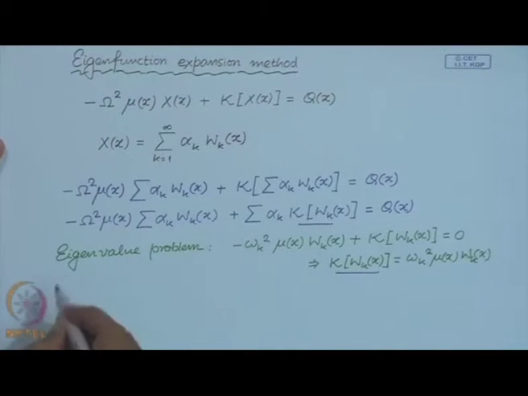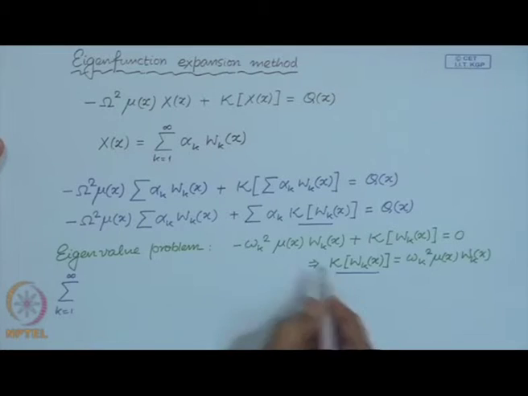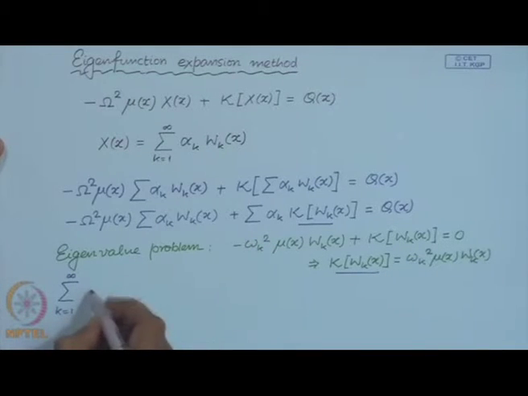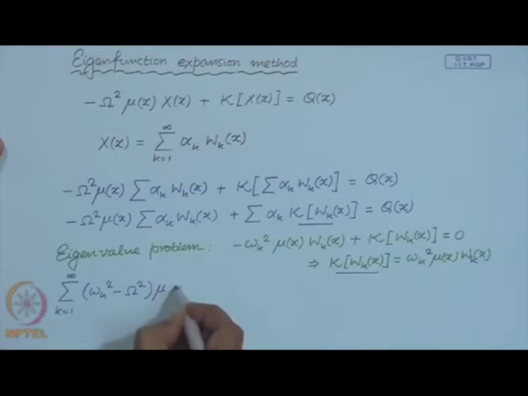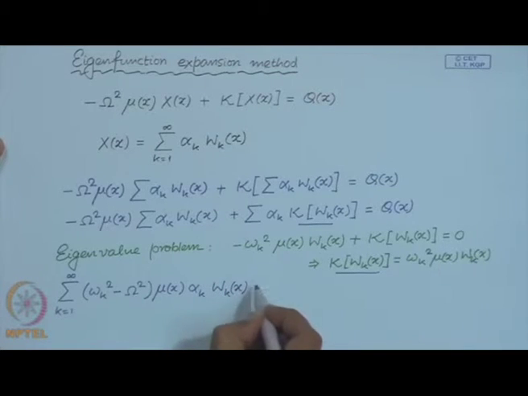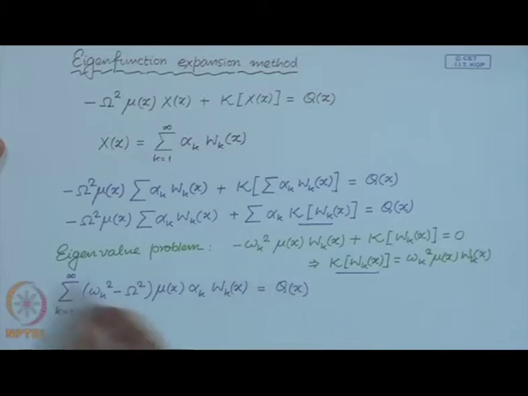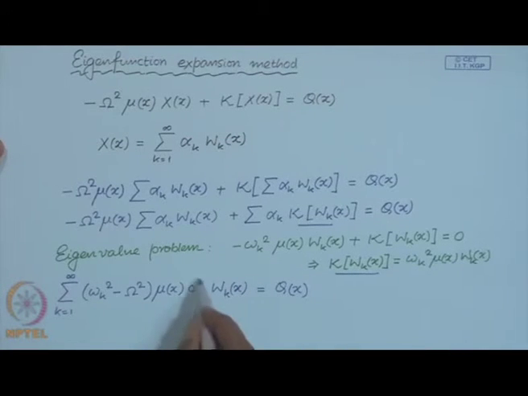So, if I do that and simplify, this is the equation that I obtain, which has these unknown coefficients alpha k, which I now need to solve.